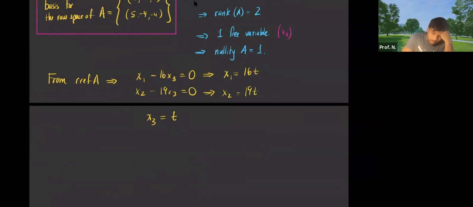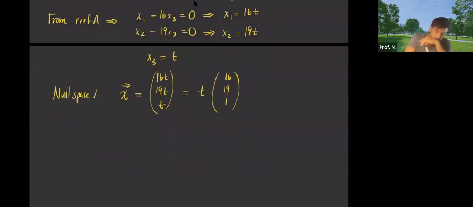And so then my column vector is going to be (16t, 19t, t), which is t multiplied by (16, 19, 1). Again, this is the null space of A. So what's the basis? The basis for the null space of A is simply one vector, (16, 19, 1).